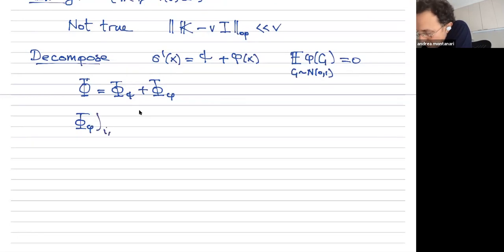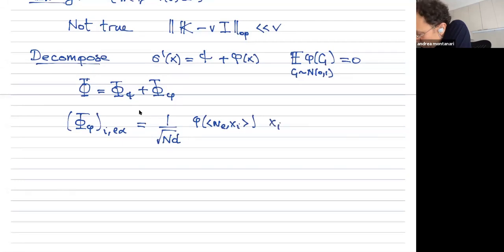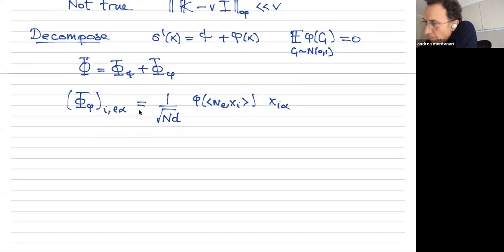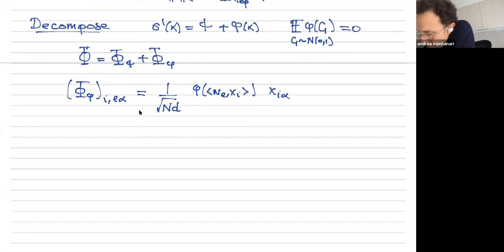These are obtained by substituting sigma prime with their components. This is the first piece of the decomposition, and the second piece is that we construct this projector.